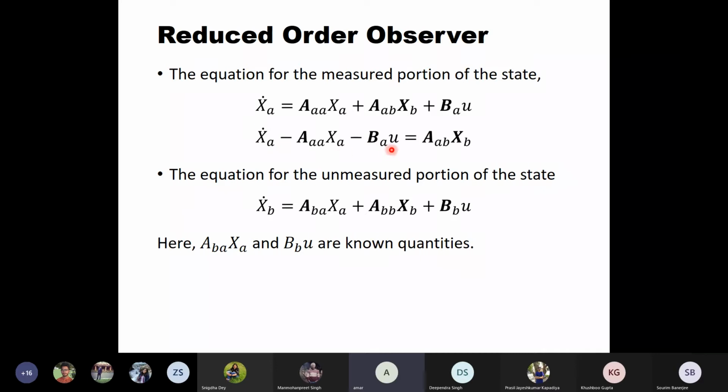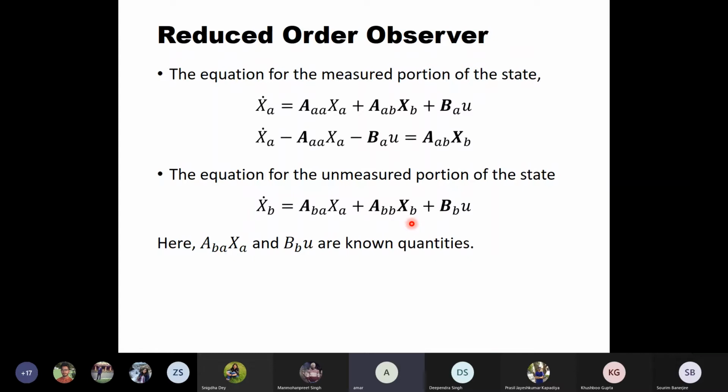I am writing this in this form because this portion is known, whereas this portion is unknown, because xb is unknown. And the equation for the unmeasured portion of the states is xb dot equals Aba xa plus Abb xb plus Bb u. Here also these are the known quantities, whereas this is the unknown quantity.